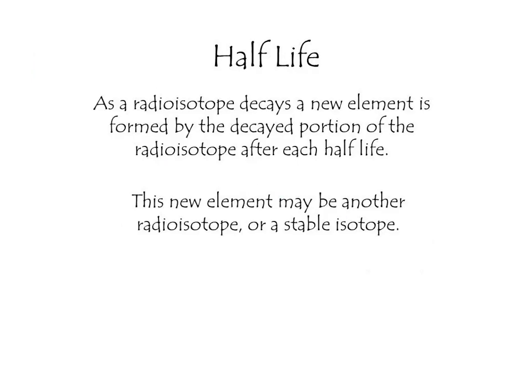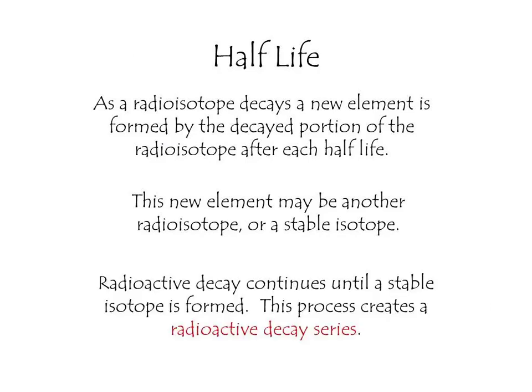So when the radioisotope decays after each half-life, it forms a new element. This element may or may not be stable. If you produce an unstable isotope, this will continue to decay until a stable isotope is formed. This is known as a radioactive decay series.